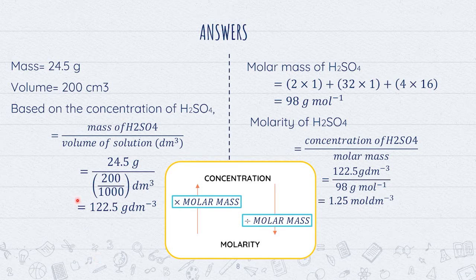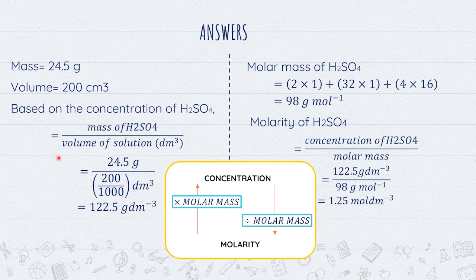The mass of sulfuric acid is 24.5 gram and the volume is 200 cm cubed. Based on this, we can find the concentration of sulfuric acid using the formula: mass of sulfuric acid divided by volume of solution in decimeter cubed.